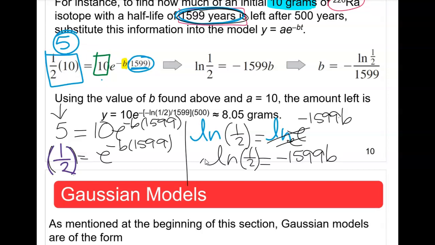So from there, to solve for b, we know that the negative 1599 is multiplying b. So if we take that across the equal sign, it's going to divide. So we'll have natural log of 1/2 divided by negative 1599. So that will be the constant b, which is the decay constant.